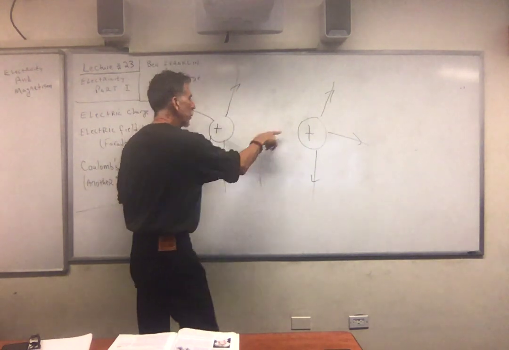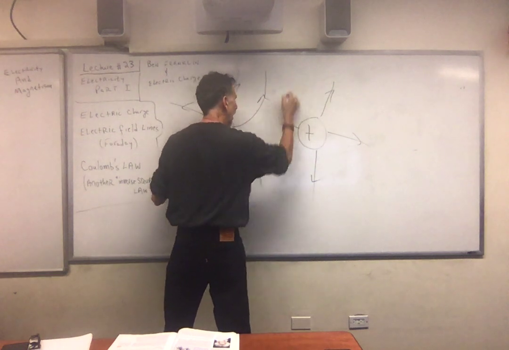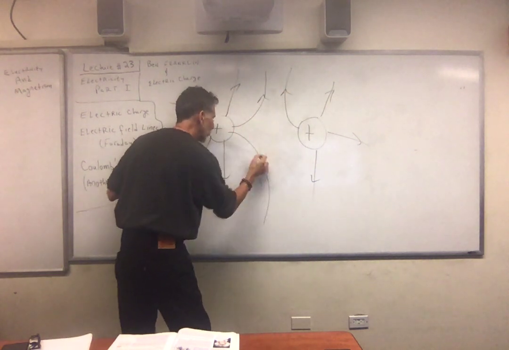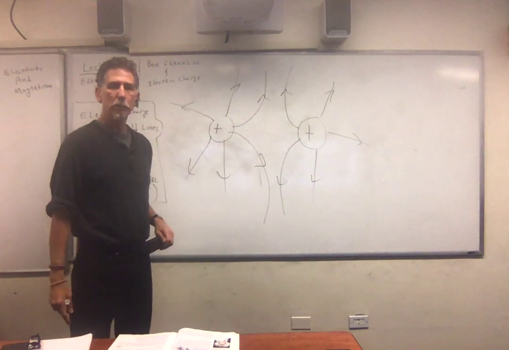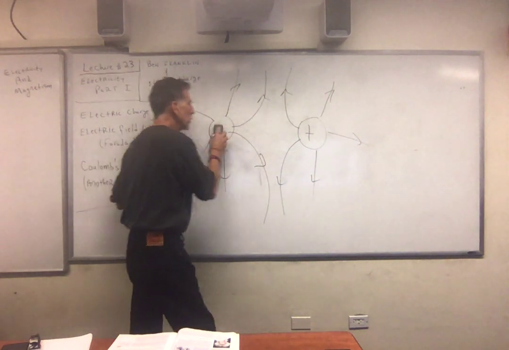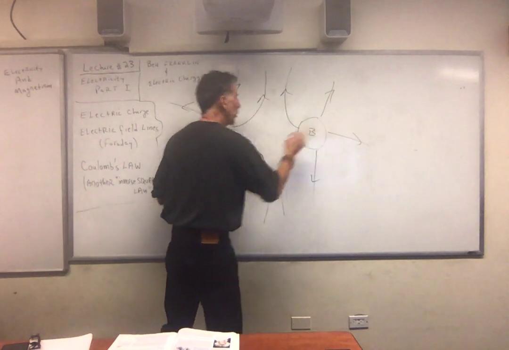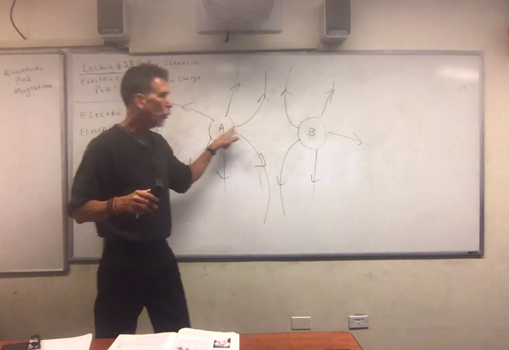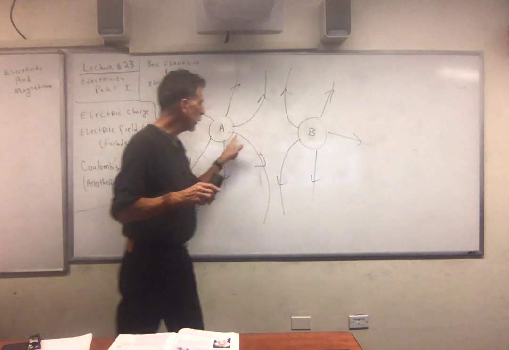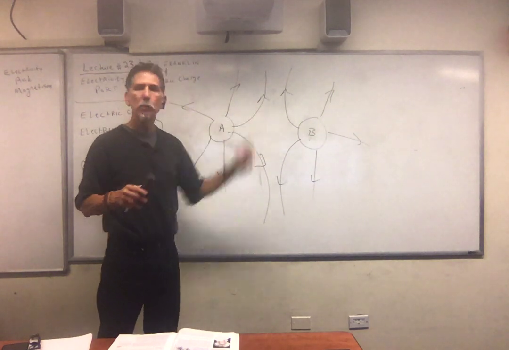They want to keep going. But they see this guy and they say, I don't like him. And this one says, I don't like him. And what happens is you get a picture that looks like this. The lines repel. Once again, if we put A and B here, because the lines are coming out, they're sources, they're both positive charges. So from this picture, we know that A and B are both positive. You see that they repel.